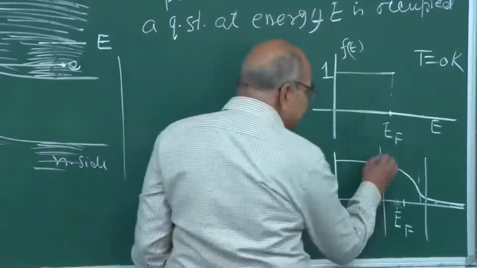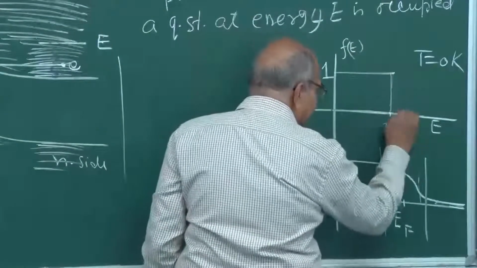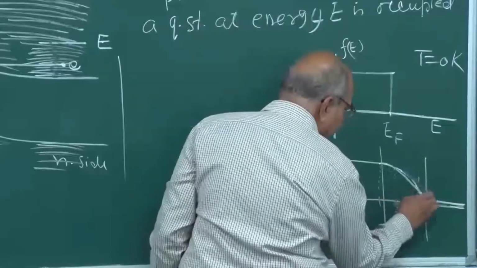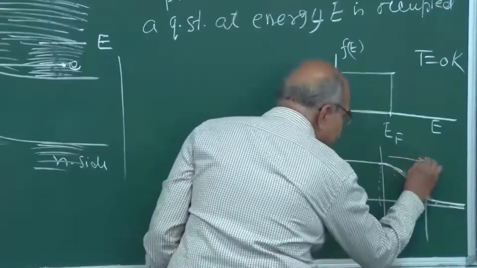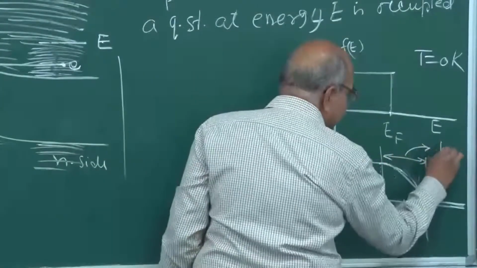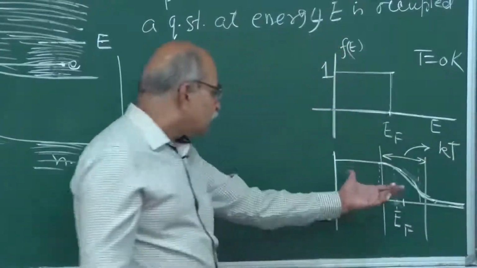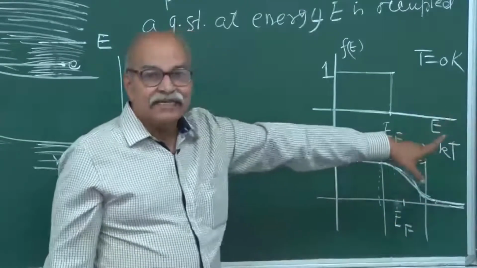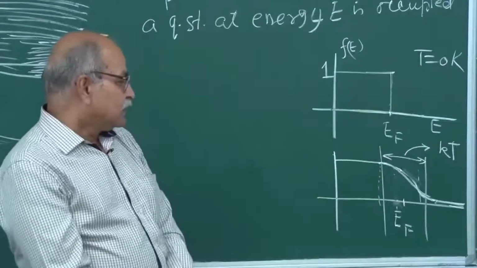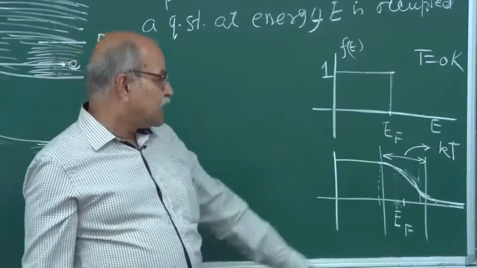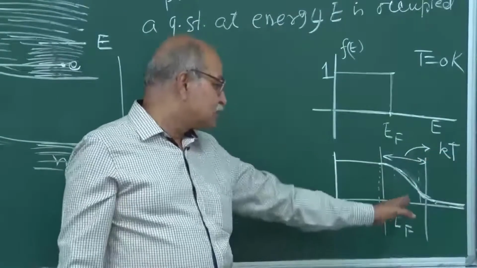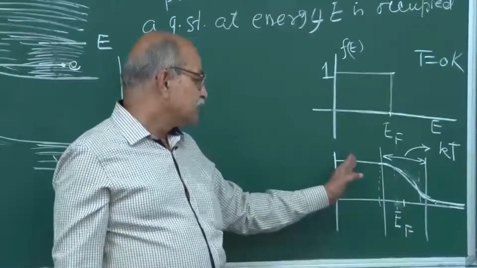And whatever is the change, it doesn't sharply fall, it falls gradually, but that change is only in a small region, and the order of this width will be a few times kT. So if you are, say, 100 kT to the left, probability is almost 1.